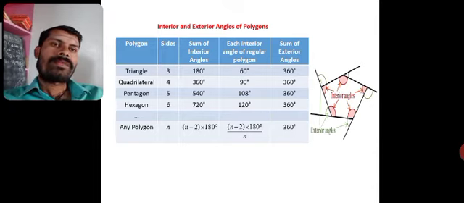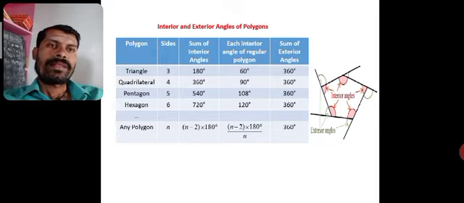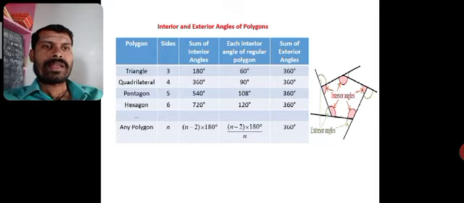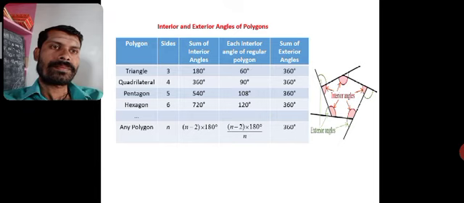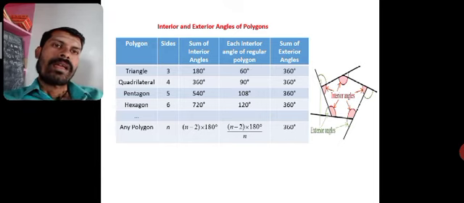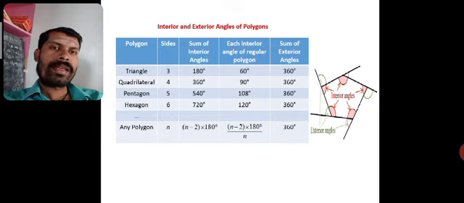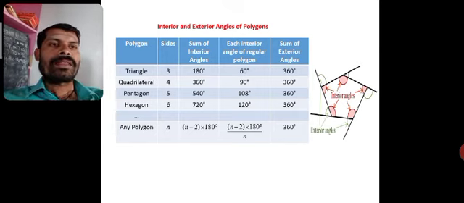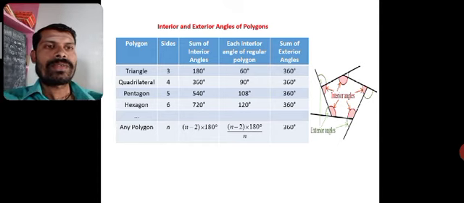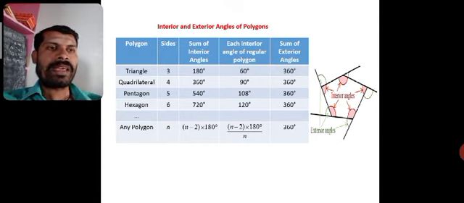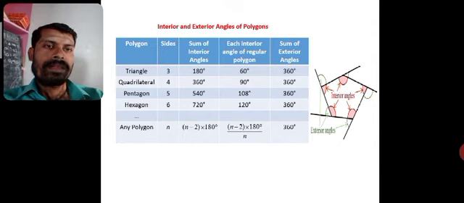In the pentagon, 360 plus 180 gives 540. So 540 by 5 gives 108 degrees for each angle. A regular pentagon has each angle equal to 108 degrees. The exterior angle sum is again the same, and so on.